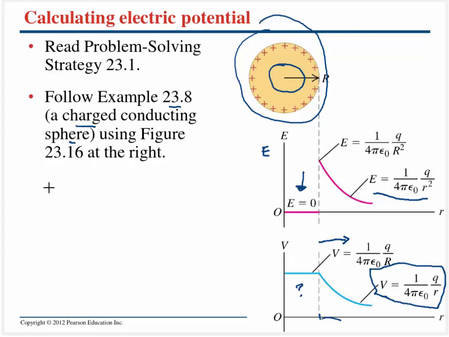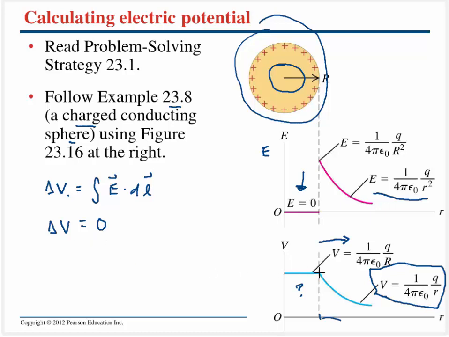That's the question. Well, thinking back to the definition, the change in voltage is going to be equal to the integral of the electric field dotted with dl. Inside of the sphere, the electric field is going to be equal to 0, and so the change in voltage is going to be equal to 0. This does not mean that the voltage is equal to 0, it means the change in voltage is equal to 0.